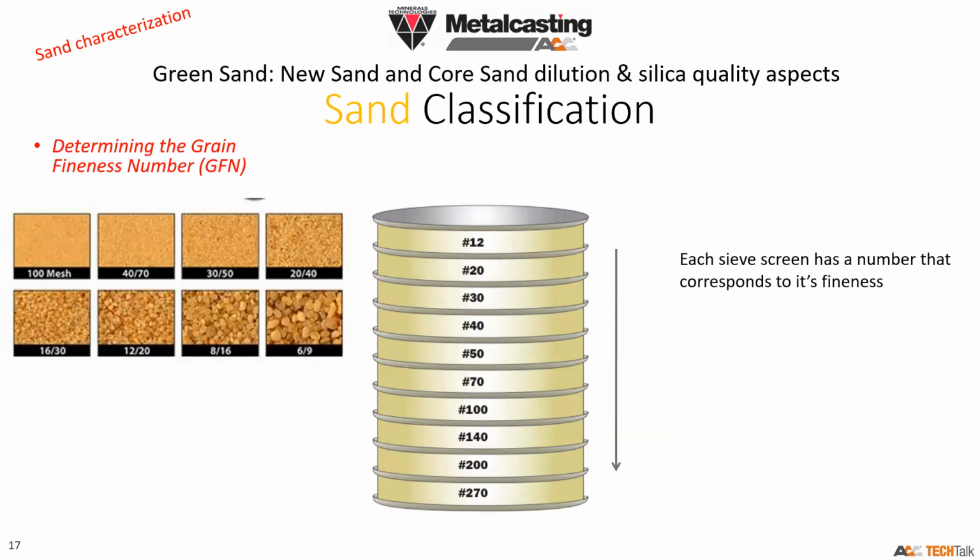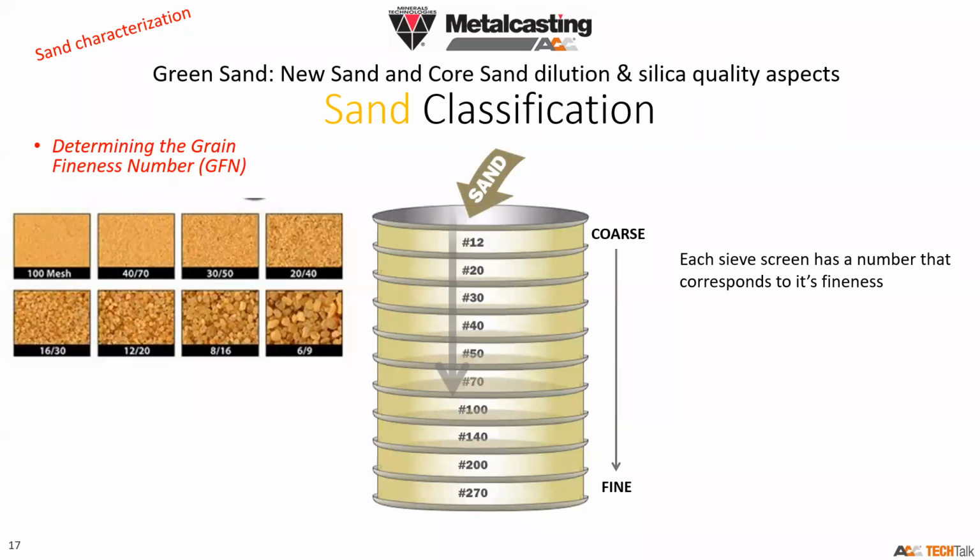Classification is really a way to define the grain fineness number for each sand, especially silica sand, the one we are interested in. You can see that the sieves are stacked on top of each other from coarse to fine, and each corresponds to a level of fineness.